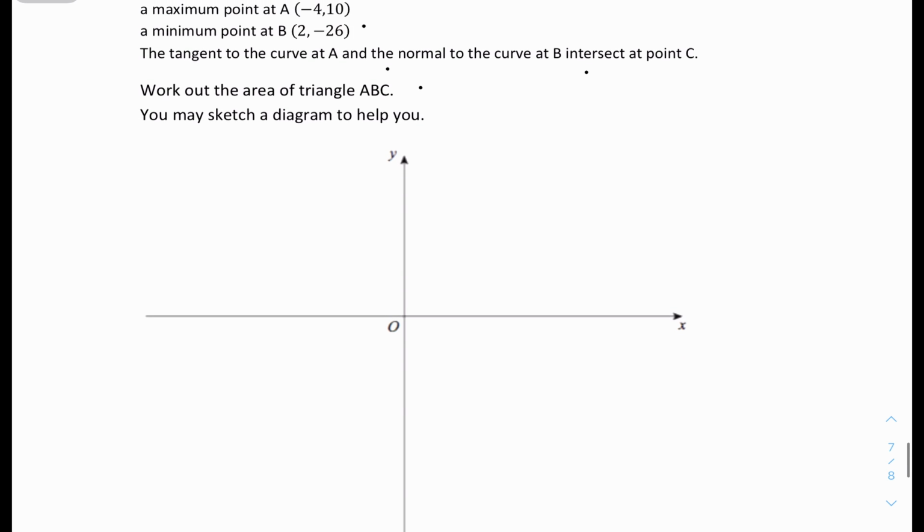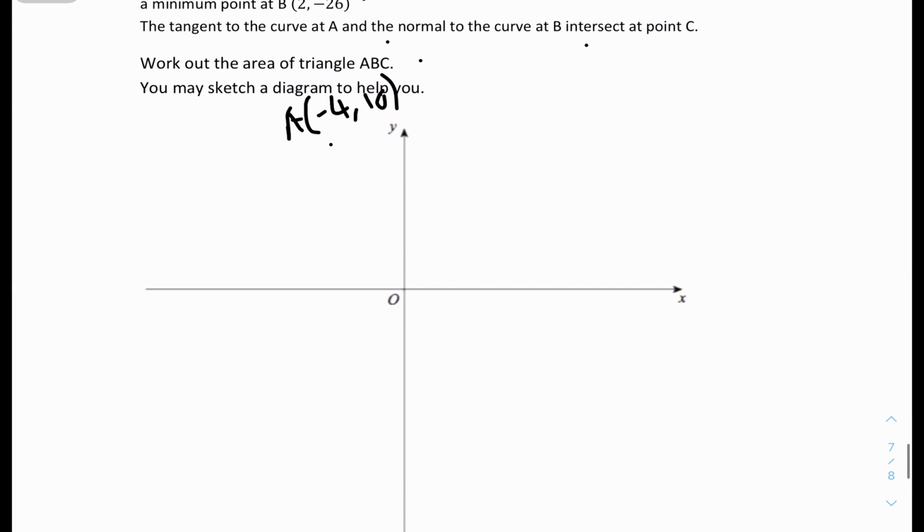So let's just draw a maximum point of A, so it'll be (-4, 10), a rough point. It'll be around here. A (-4, 10). Then B, (2, -26).